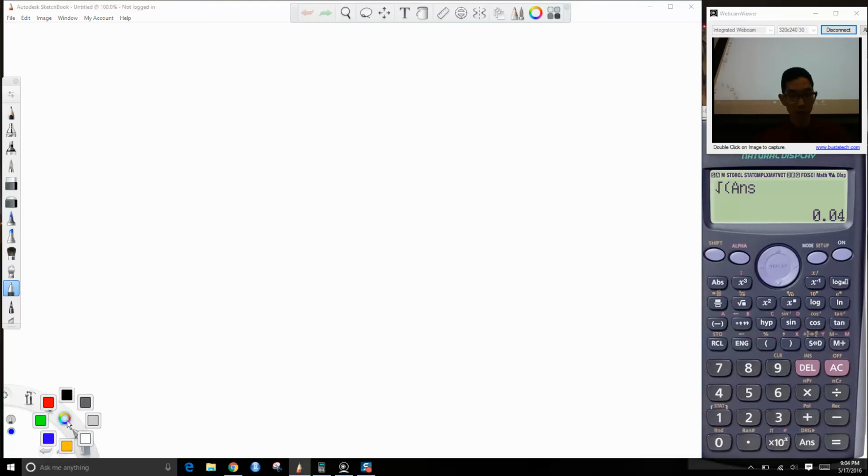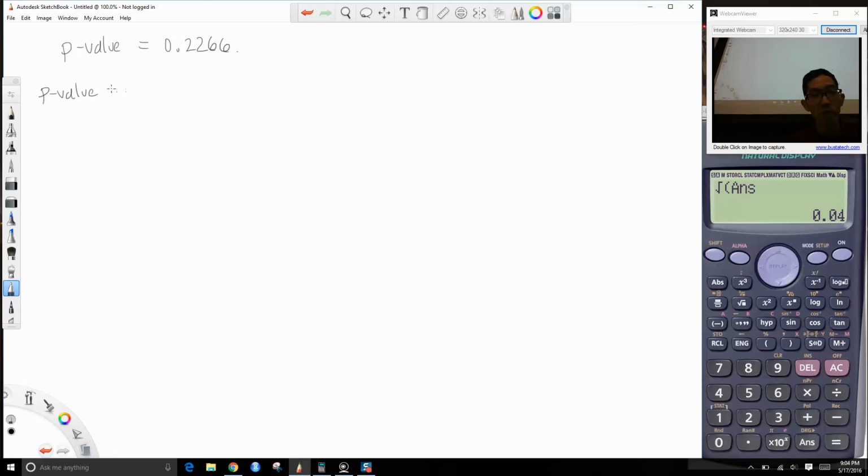So what we have is our p-value is equal to 0.2266. Do you remember what the definition of a p-value is? It's the probability of observing our data, or something more extreme, if the null hypothesis were true.